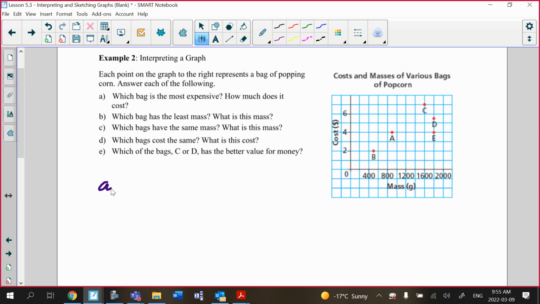Well, you have to understand your horizontal scale. We are going up by 200s. So B is between 400 and 600, which should give us 500 grams. Yep. I forgot which question. Oh, that was B.